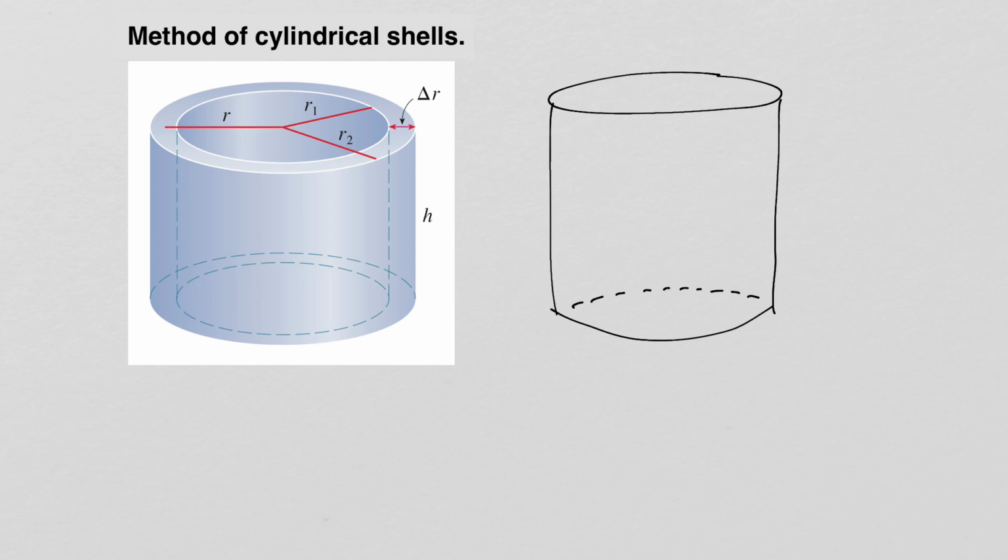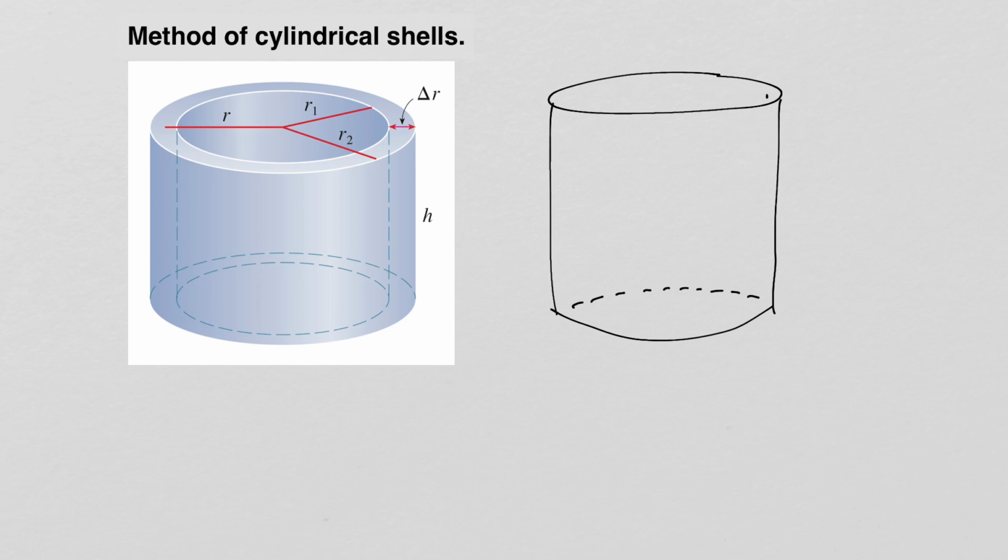And we can talk about the surface area or the volume of a cylinder. But a shell is when you're not looking at the entire cylinder. You're just looking at the outer wall of the cylinder.